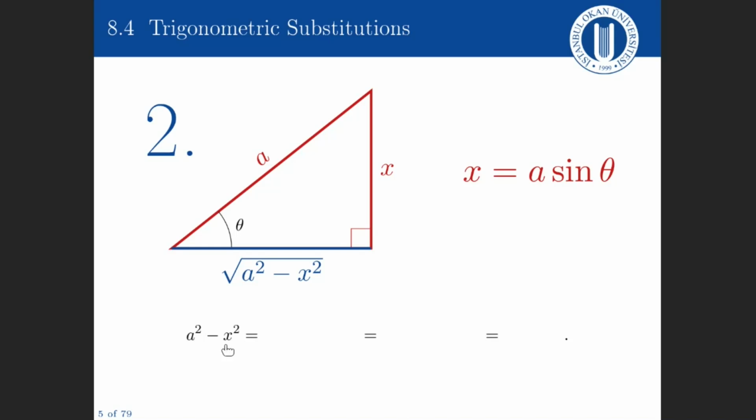So we can substitute this in at the bottom. A squared minus x squared is a squared minus a squared sine squared theta, which of course is just the same as a squared cos squared theta.